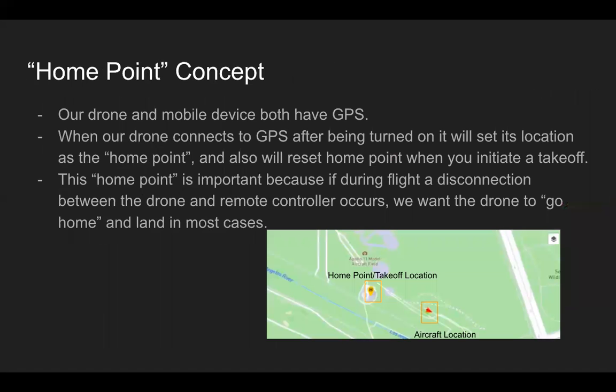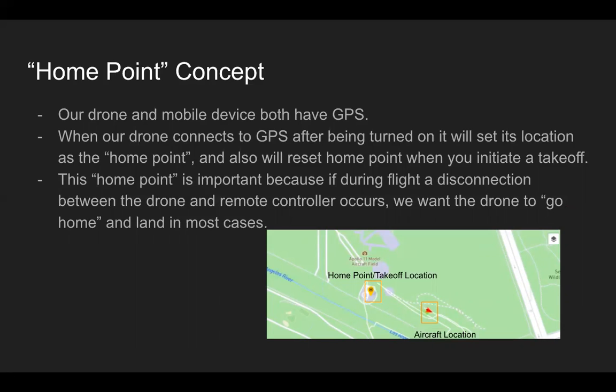And the first concept we need to cover is the home point. First of all, going over the concept of a home point: our drone and mobile device both have GPS, which results in a GPS location. Just like if you're driving somewhere using map software, the phone knows where your car is to provide directions.